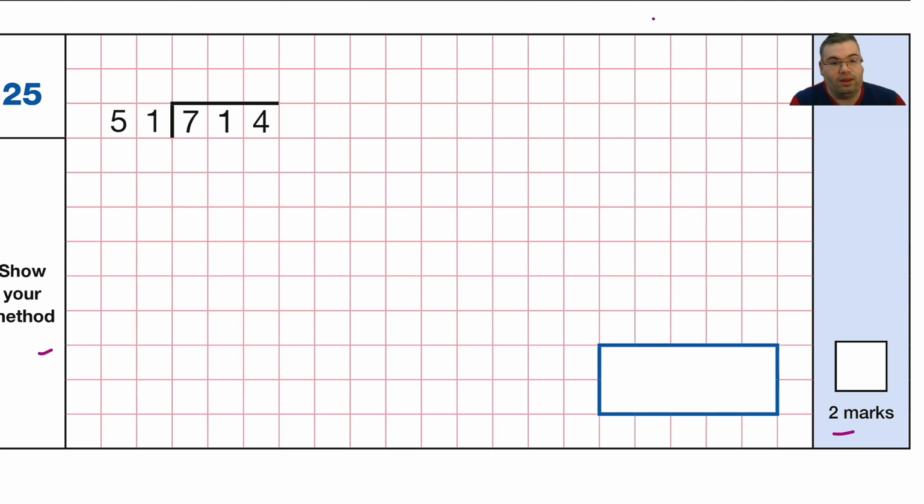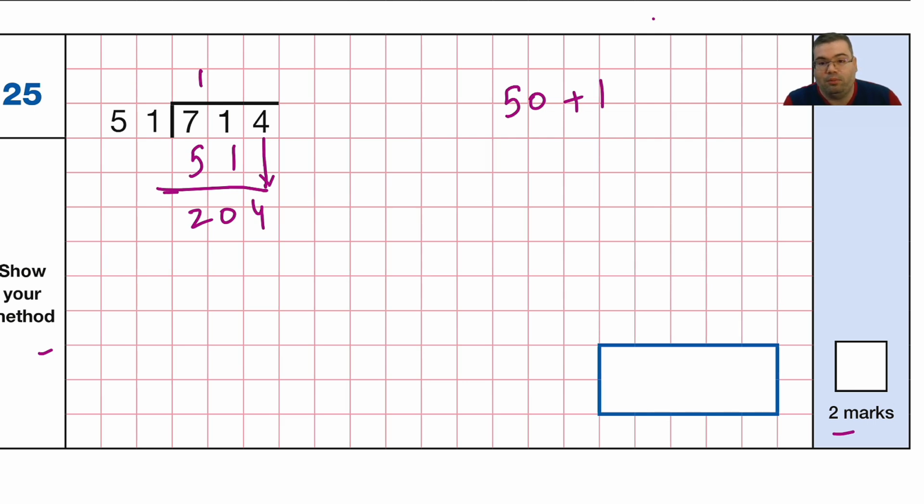So this is a long division based question, again of 2 marks, and we need to show our method. So very easy. So 51 times table, we don't know, but yeah, we can predict that. So 51 times 1 is 51, because 51 times 2 is 100 something, that will be more. So 51, so here we are left with 20, and we just carry 4 here, so it becomes 204, right? And 50 times 4 is 200, so times 4 is very close. So you can just see 51, you can make it like that, 50 plus 1, right?